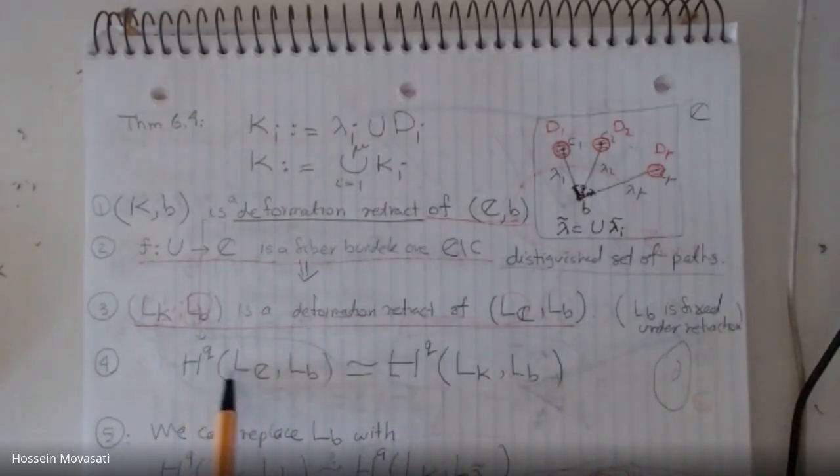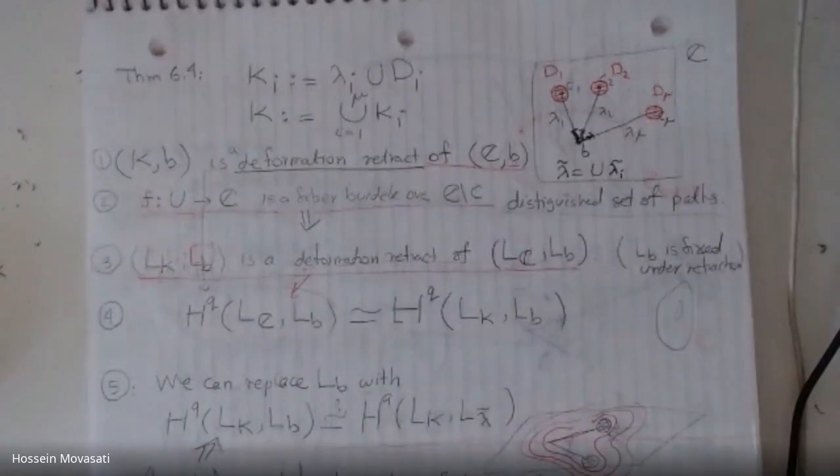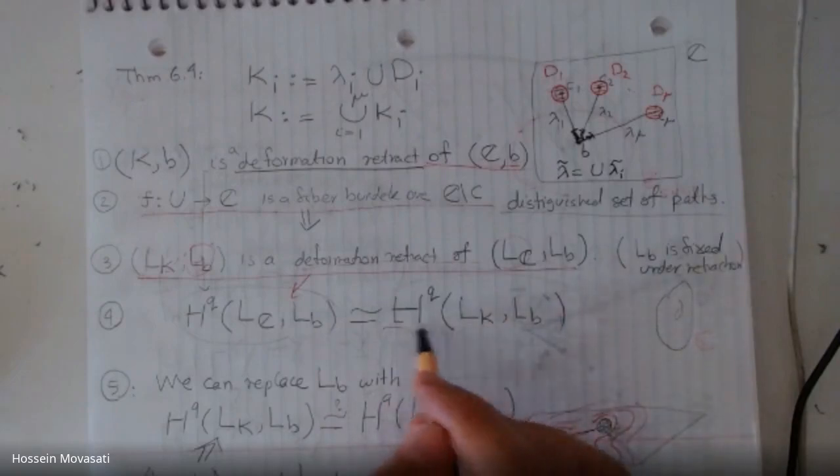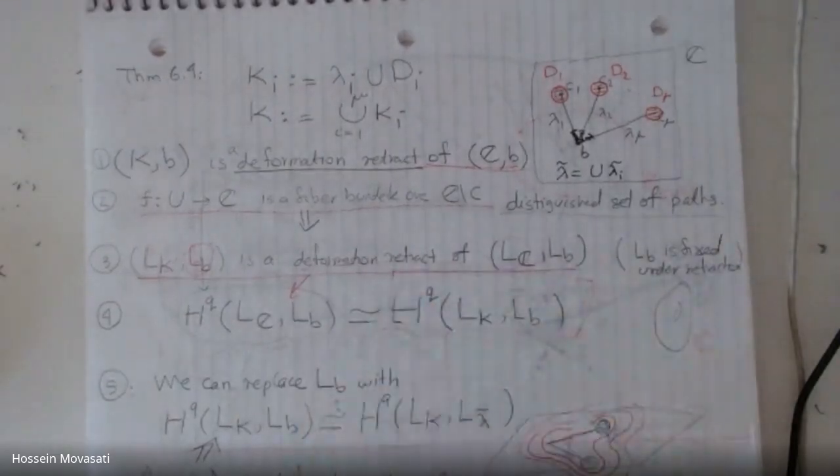And this means that H^q(LC, LB) will be the same as H^q(LK, LB). So remember that we wanted to compute this cohomology. And so our computation is reduced to computing this cohomology.